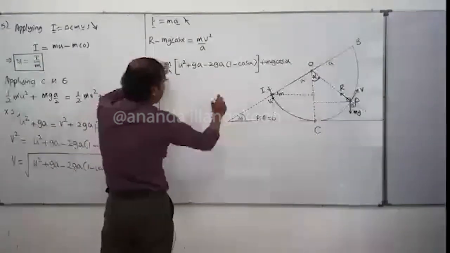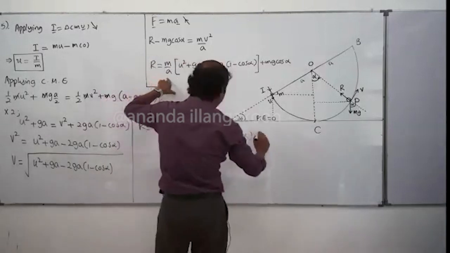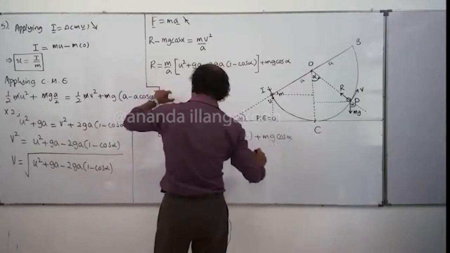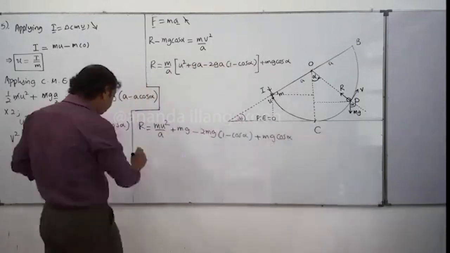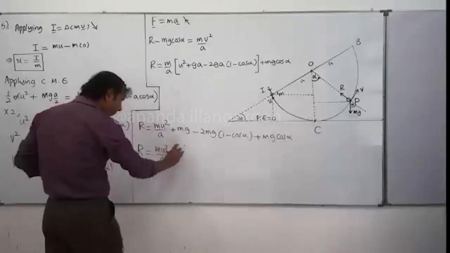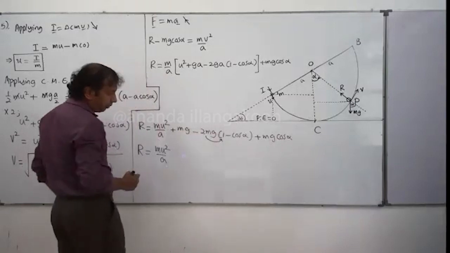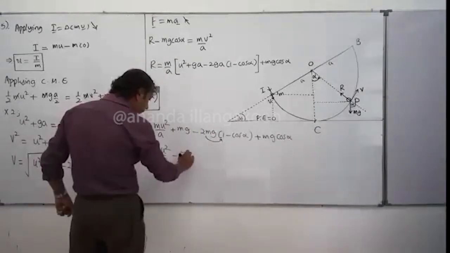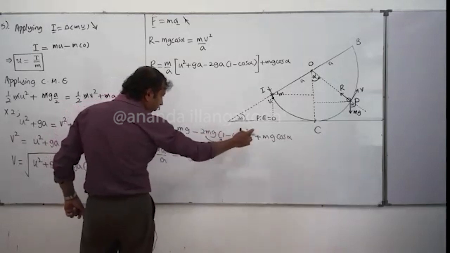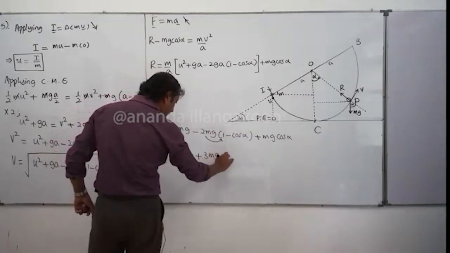A and a will cancel off, (1 minus cos alpha), plus mg cos alpha. Now this is equal to mu squared upon a plus mg, when you remove the bracket, minus 2mg, coming plus 2mg cos alpha, plus mg cos alpha is 3mg cos alpha.